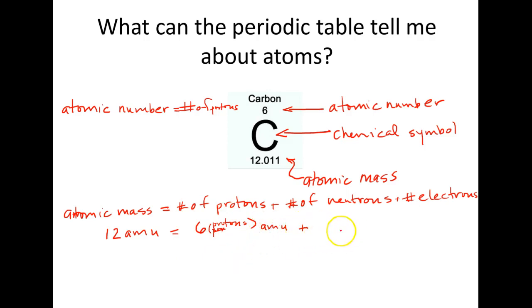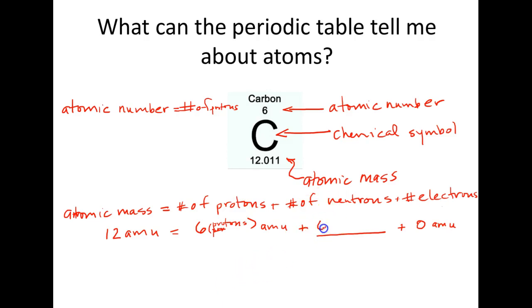At this point, I'm not told how many neutrons I have, but one thing I do know is that electrons have 0 mass, and so for that reason, they will always be 0 AMU because we don't consider them to have enough mass to count. So I need to determine what mass is missing. I need to get to 12. I have 6 AMU thanks to the protons.